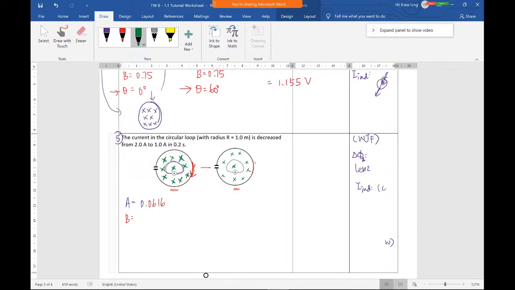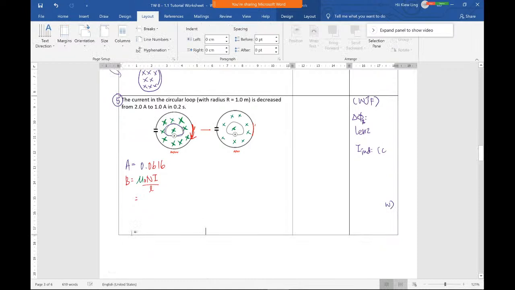The number of turns is 1 for the outer loop. It's not a solenoid, it's a circular coil, with 2R, two times the radius, giving 1.26 times 10 to the power of negative 6 Tesla.